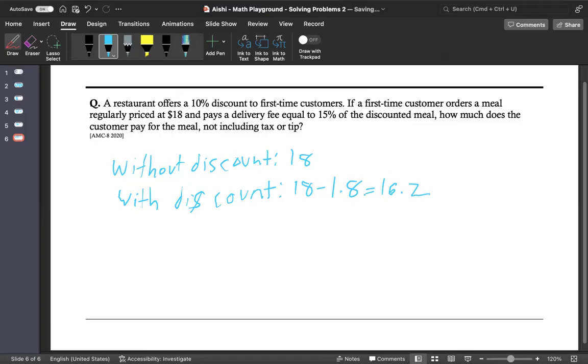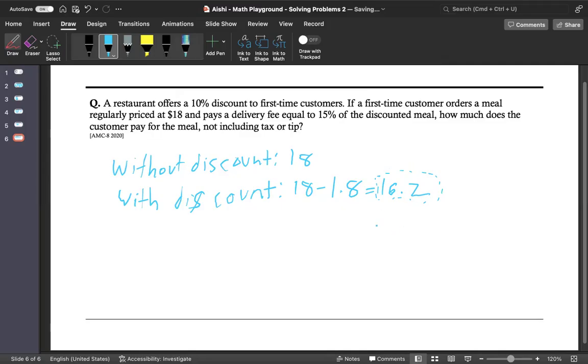And now we have 2 ways to continue. Either you can find 15% of this and add it, or you can just multiply this by 1.15, which is 115%, and get the answer at once.